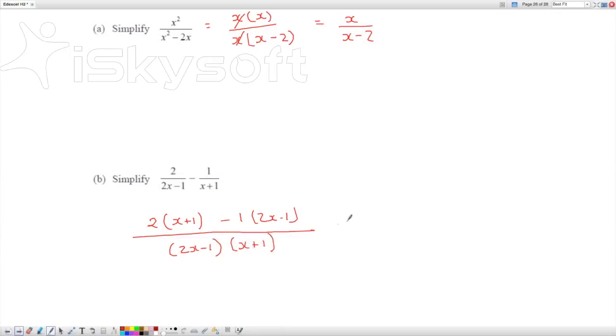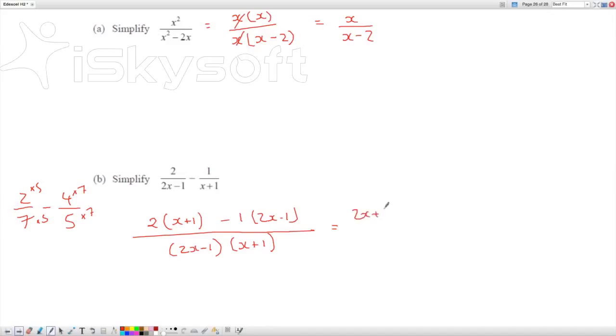The same rules apply as if these were numbers. 2 over 7, take away 4 over 5. We're multiplying here by 5, here by 5, here by 7, here by 7. So we're just using our algebraic terms to do the multiplication.